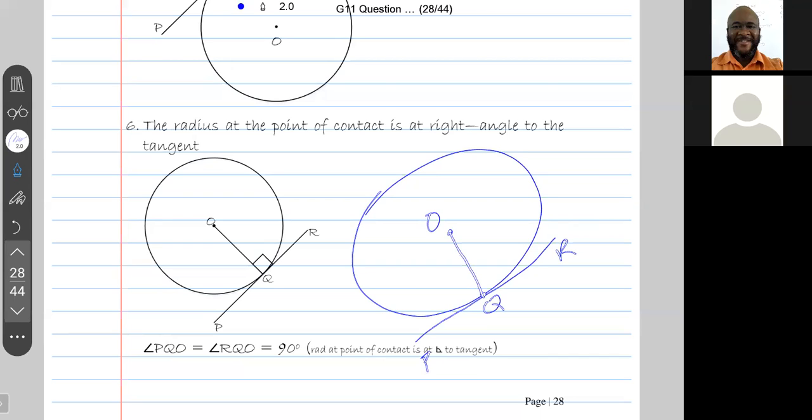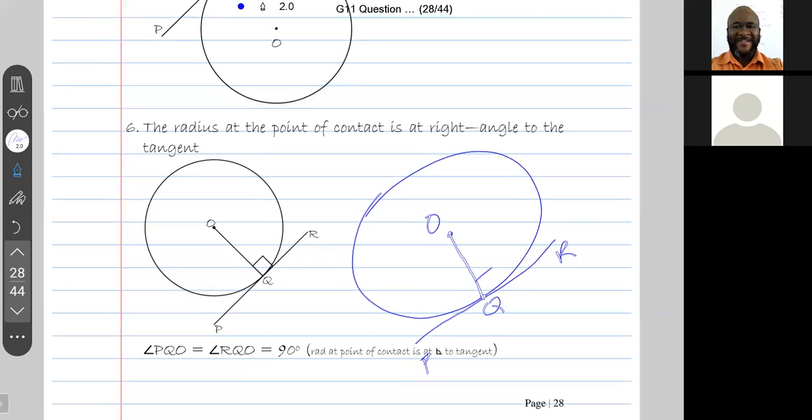Now, since Q is the point of contact, OQ is called the radius at the point of contact. Ladies, gentlemen, the radius at the point of contact is at right angles to the tangent. Circle theorem number 6.